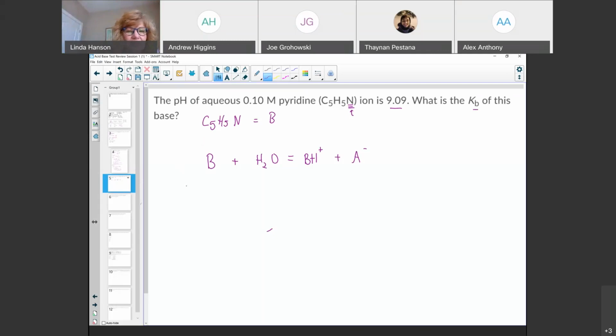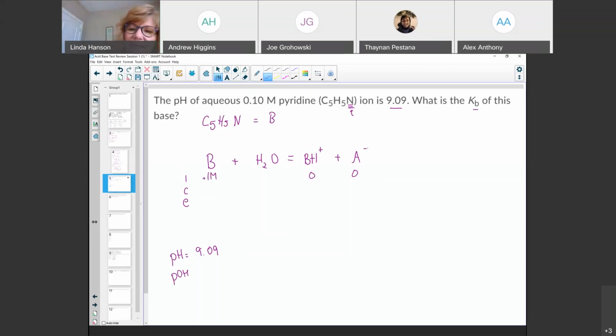Initially, we have a 0.1 molar base, and these of course would be 0. And it's telling me that the pH of this solution is 9.09. And what this actually tells me is the information for the at equilibrium, what those ion concentrations are.